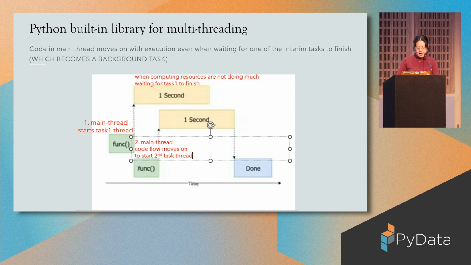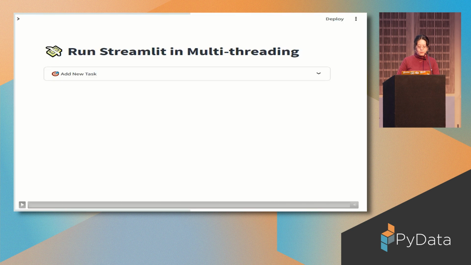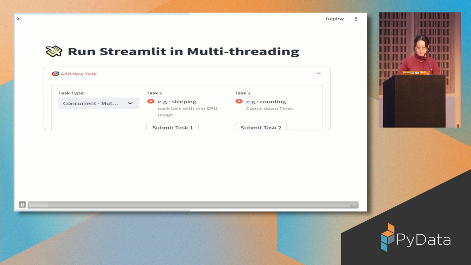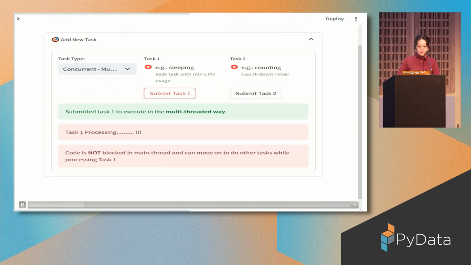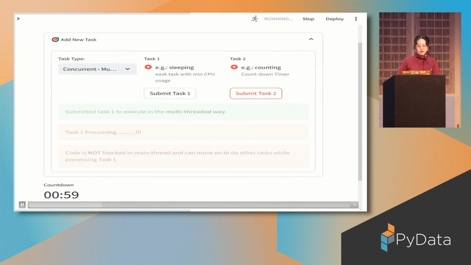Let's see how multi-threading works in Streamlit first. Okay, so let me start. You can see that we have two tasks. We want Streamlit to run both tasks concurrently, so you don't have to wait for the first task to finish before submitting your second task.